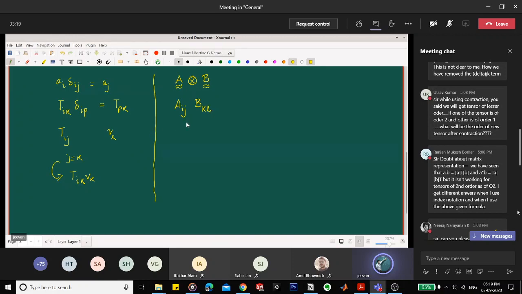Note that we are not interested in taking any contraction. It is a simple dyadic product and there is no common index. Whatever was Aij remains Aij, and whatever Bkl, you can write mn or anything else, as long as they are different indices. Now forget about A and B and just think about the indices. How many free indices are here? There are 4 free indices, right? Now this is a tensor of order 4.